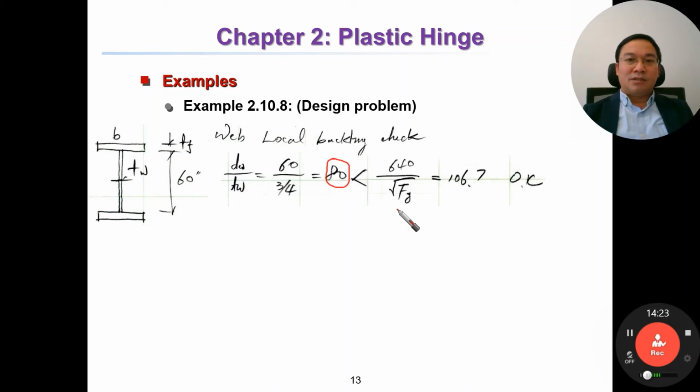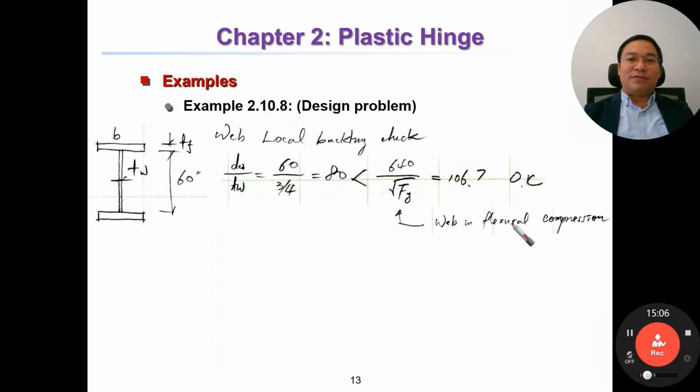And compare to this one, so please check in table 2.1 in the book that I already explained. I already talked about it, right? And check in this one, and we can find the web. For the compact section, this value lambda should be smaller than or equal to this value. Okay, and this value equal to this, and we found that it's okay, good. So you can go further.